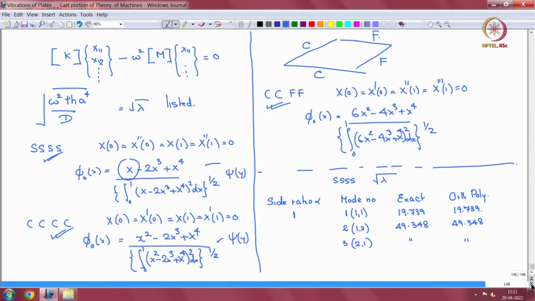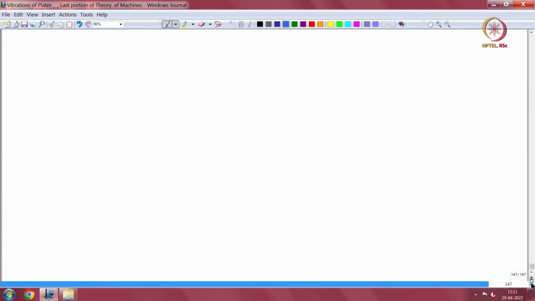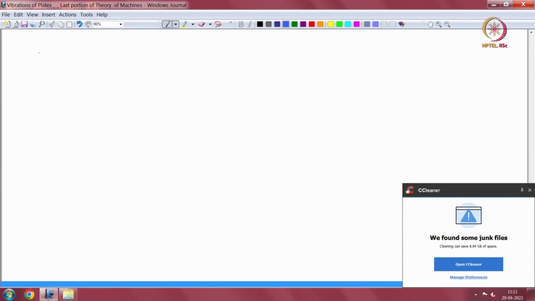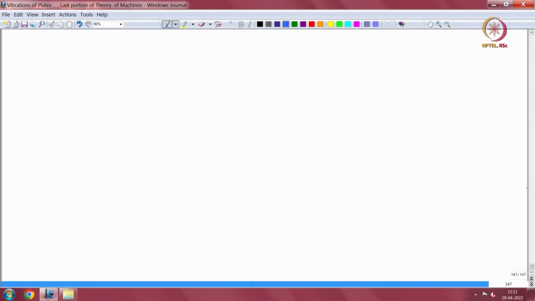Now if we do it for another side ratio, say 2.5, the first mode 1,1 is 71.555. This is also 71.555.